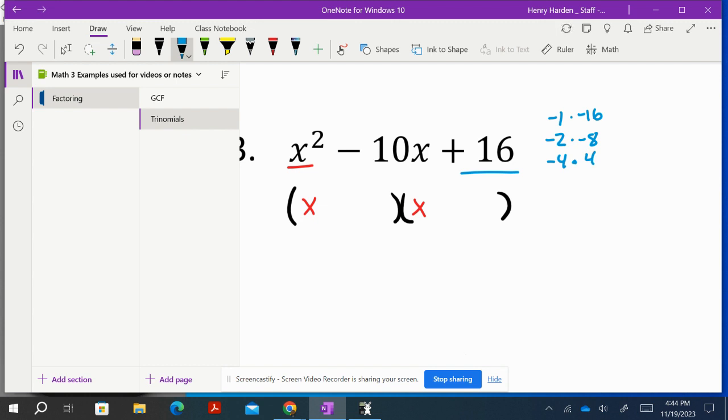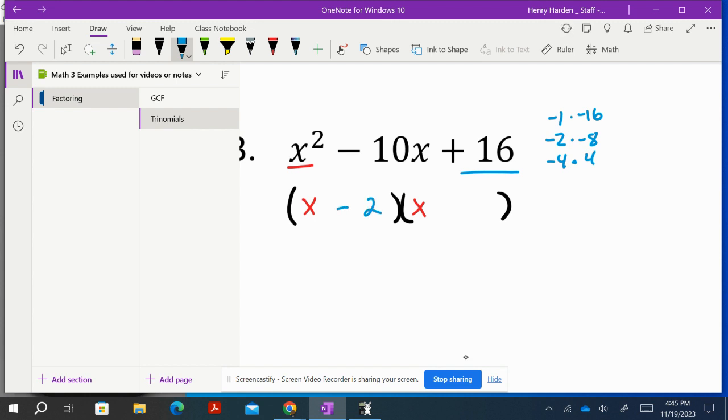And so this is going to give us our options. Now I need to add up to negative 10. So the good thing about not having anything in front of the x squared, no coefficient, is the x's are just 1x. So really these numbers are what I need. So I need to just see which of these two numbers will add up to negative 10.